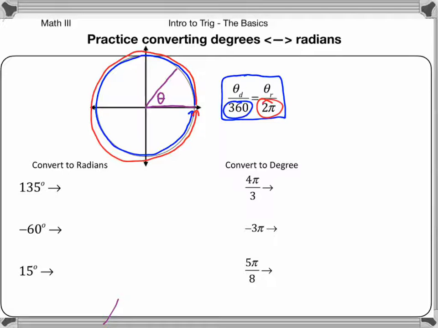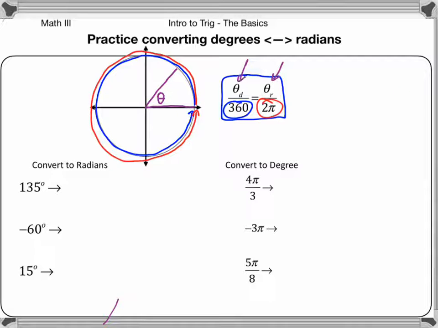So anytime, if we have degrees, we can plug in the degree measure and then solve for radians. Or we can go backwards. If we have radians and we want to solve for degrees, we plug radians in and then solve for degrees, just by cross multiplying and whatnot.